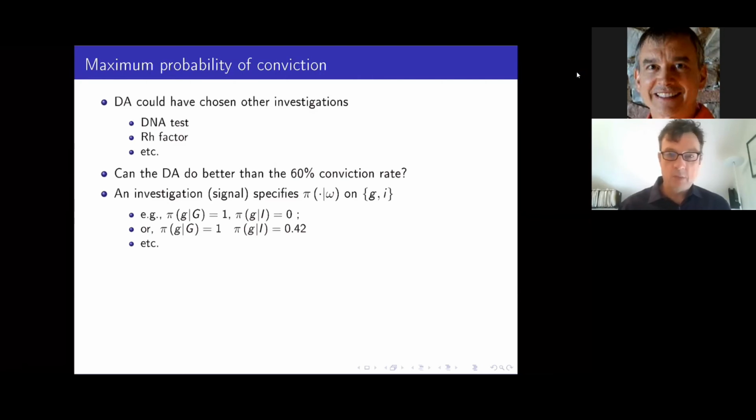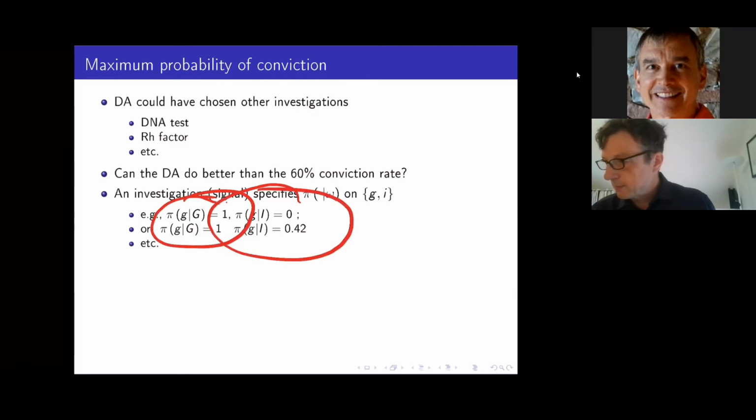Complete information is a perfectly valid information structure. And that would simply mean that when the state is innocent, we send the guilty signal with probability 0.